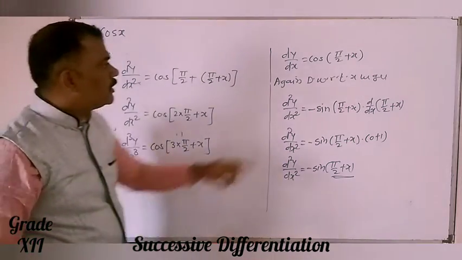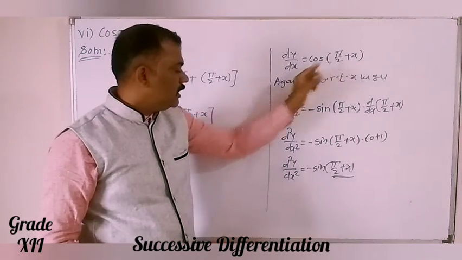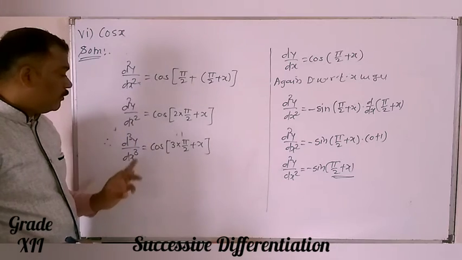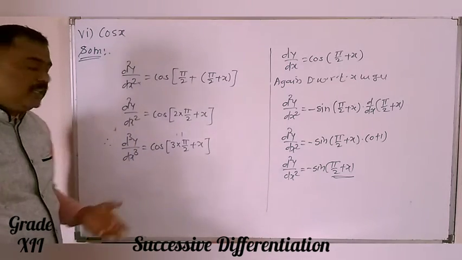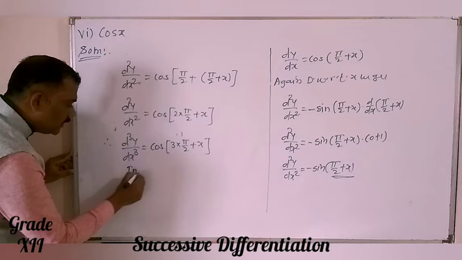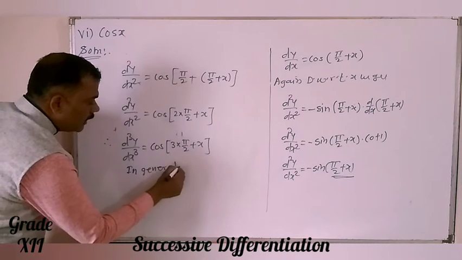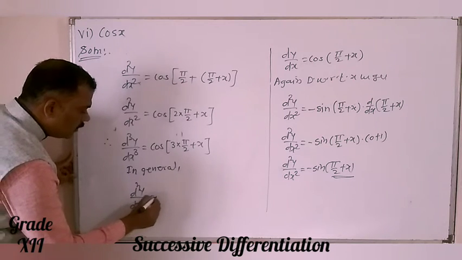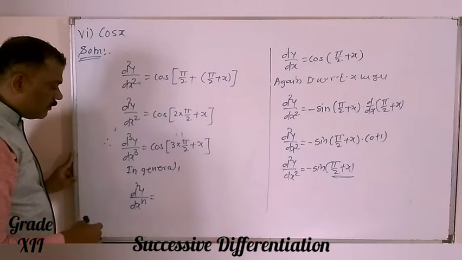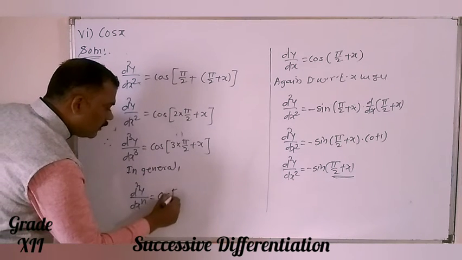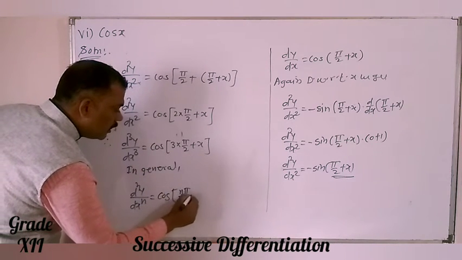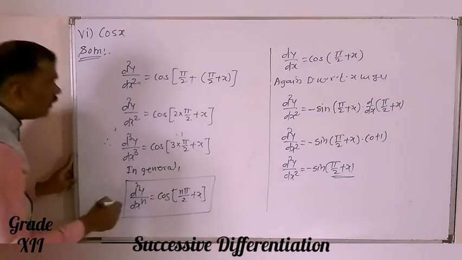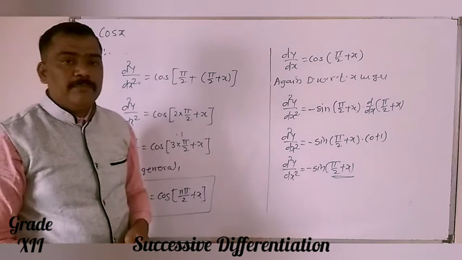If you observe the coefficients of pi by 2, for the first order derivative the coefficient is 1, for the second order derivative it is 2, for the third order derivative it is 3, so for the nth order derivative we get the general formula for this particular function: dny by dx raised to n is nothing but cos of n pi by 2 plus x. That is the nth order derivative of cos x with respect to x.